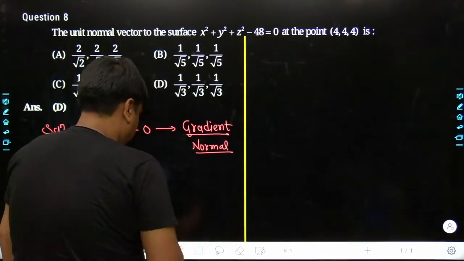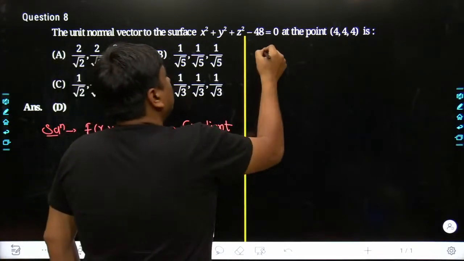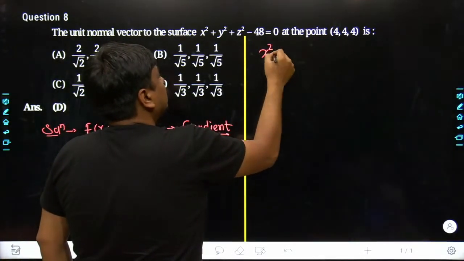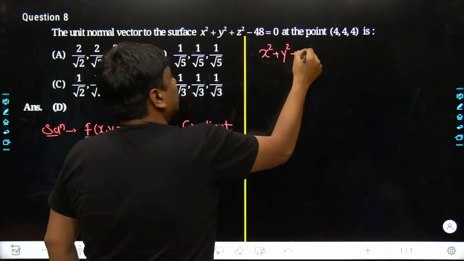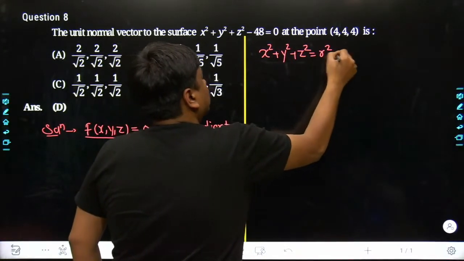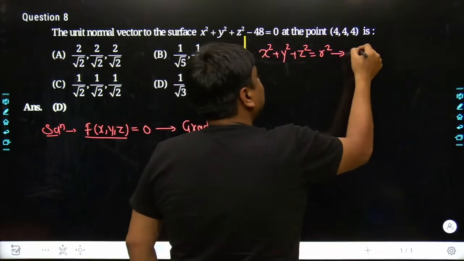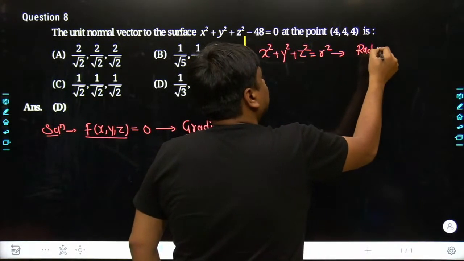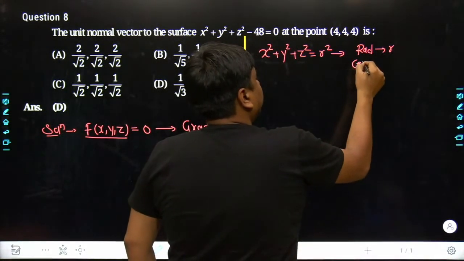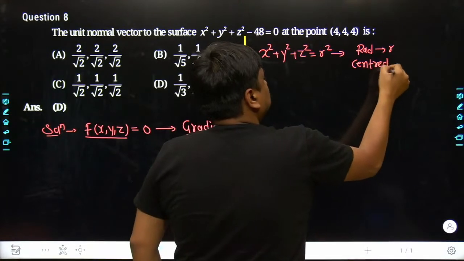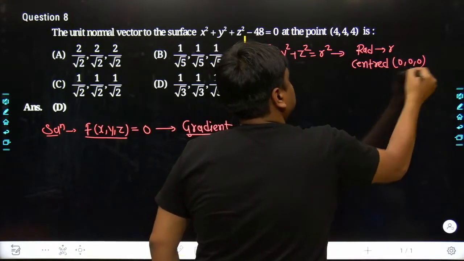It is a spherical surface. How? The structure of a sphere is x square plus y square plus z square equals r square, if the radius of the sphere is r and it is centered at the origin, which is (0, 0, 0).